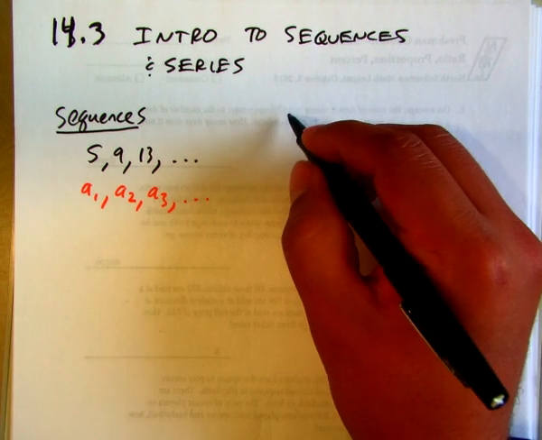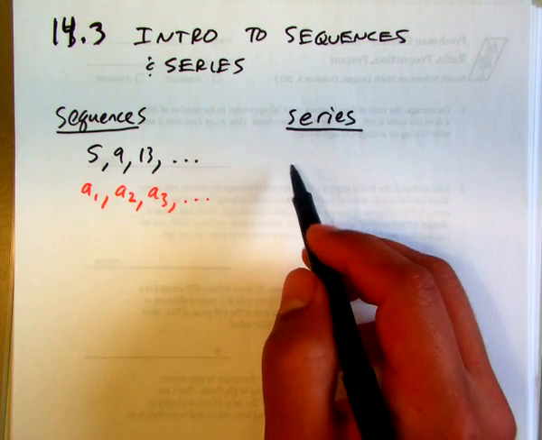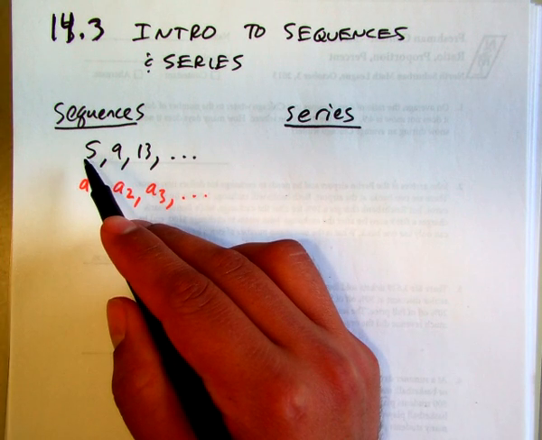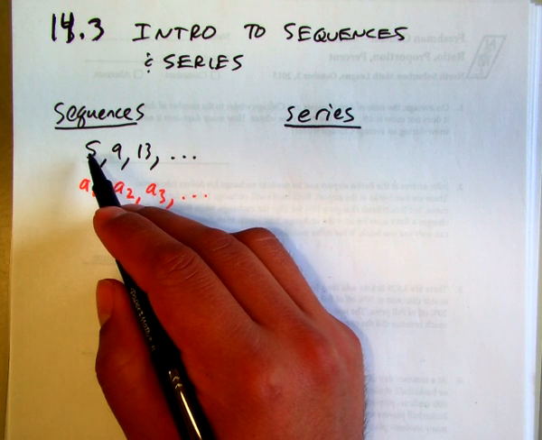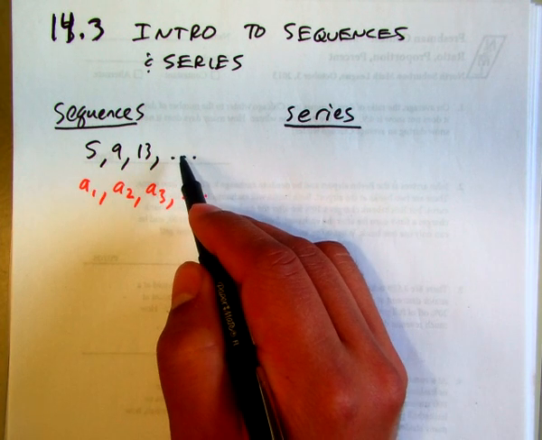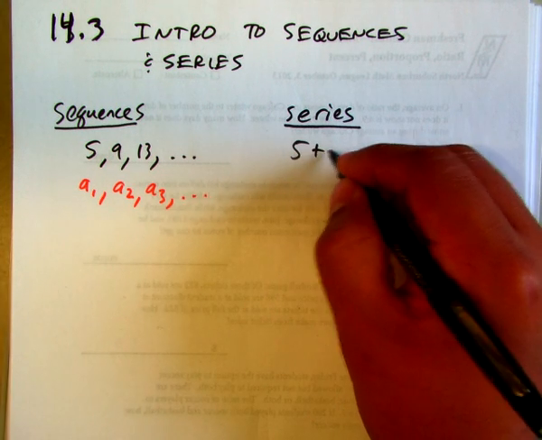A series is the sum of all the numbers in the sequence. So if I wanted to take the sequence of numbers 5, 9, 13, and I think you know the pattern, the next number would be 17, and make it a series, I would simply add all the numbers up.